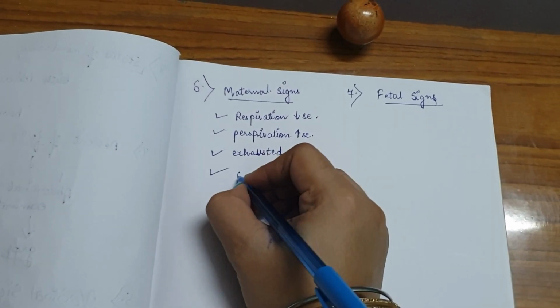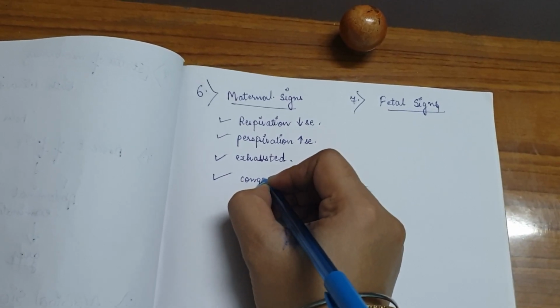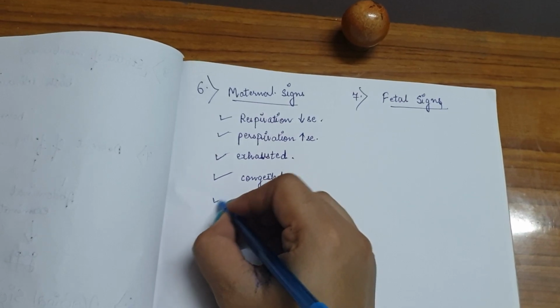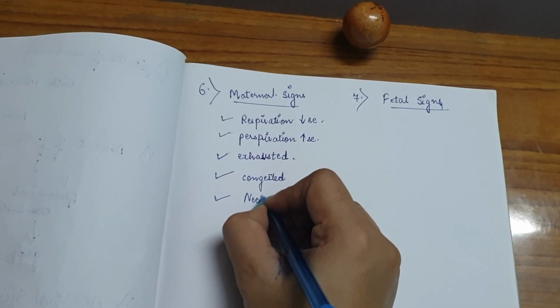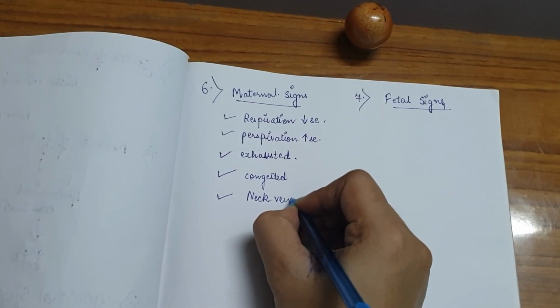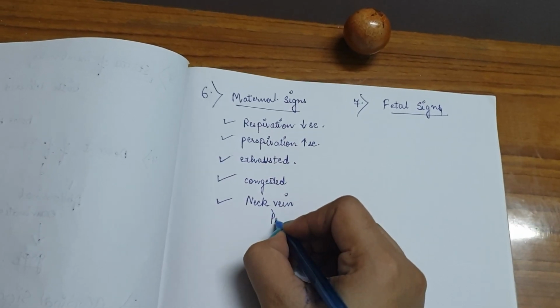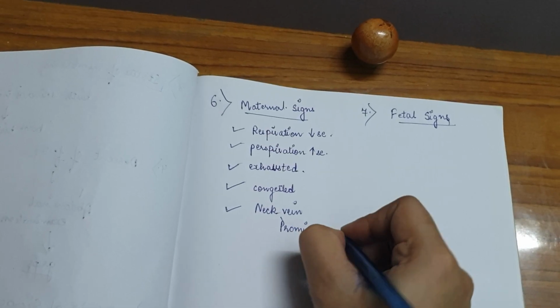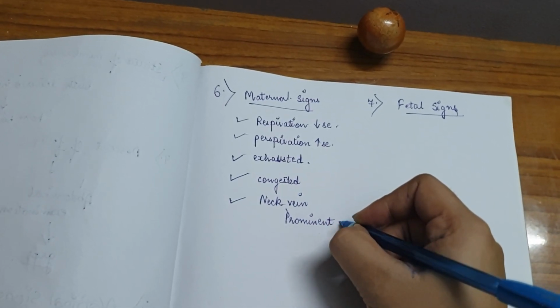And the face of the mother becomes congested due to the increased blood supply, and the neck veins become prominent, meaning they look visible because of the increased blood supply. So that's all about the maternal signs.